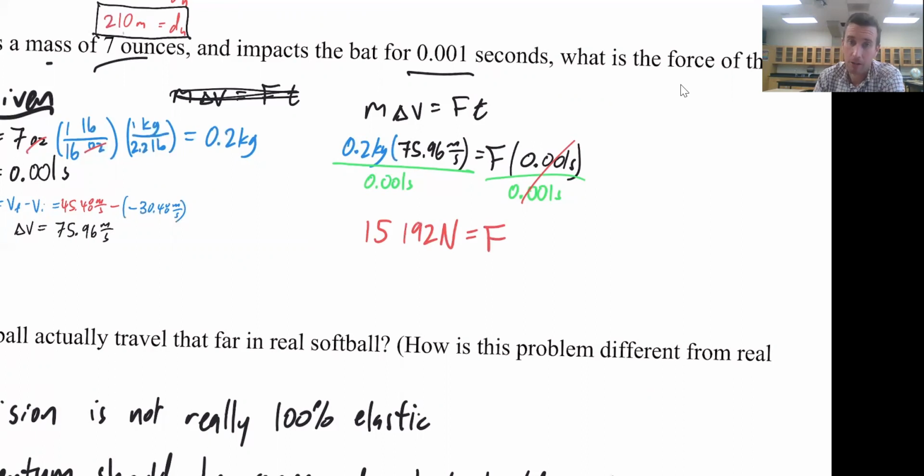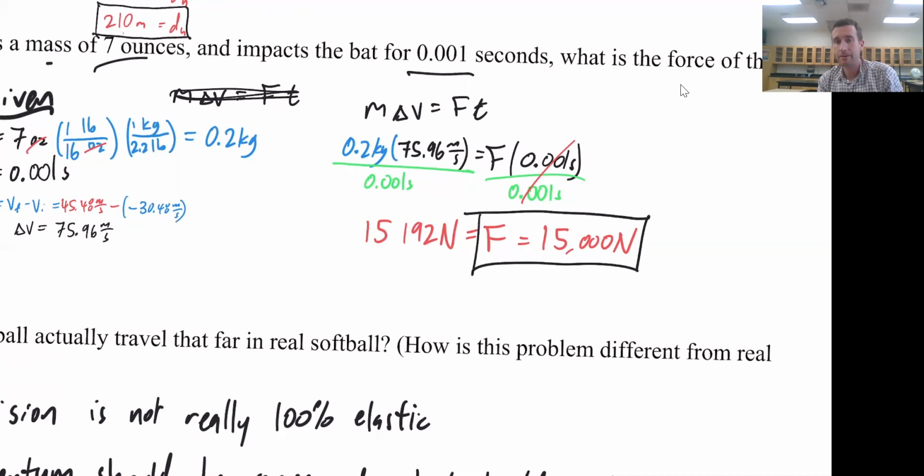And since I'm rounding to 2 digits, that's equal to 15,000 newtons. That is a lot of newtons. Okay, so 15,000 newtons, if I wanted to compare that to pounds, I could divide by like 4.45 newtons in a pound. That's 3,400 pounds. So just for a comparison point, that's about equal to 3,400 pounds.